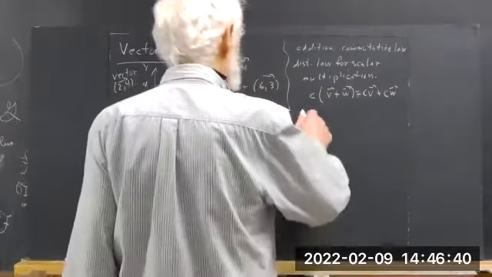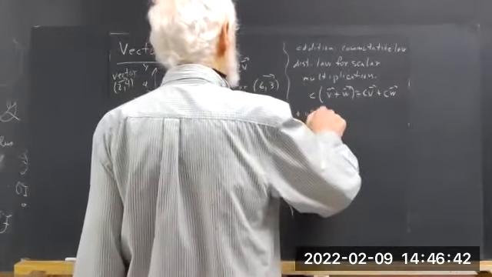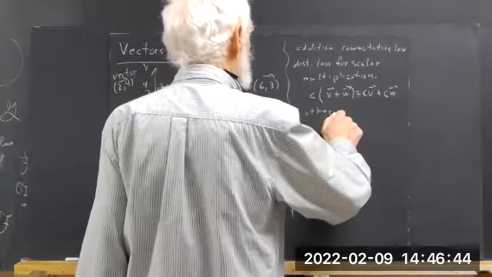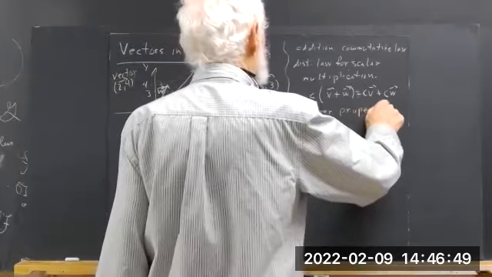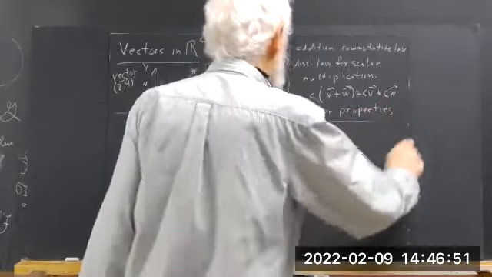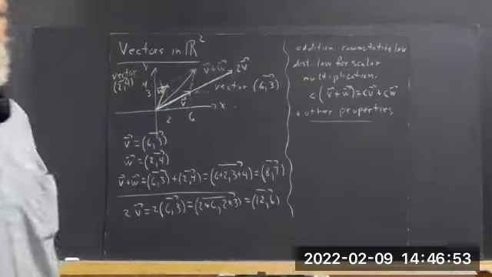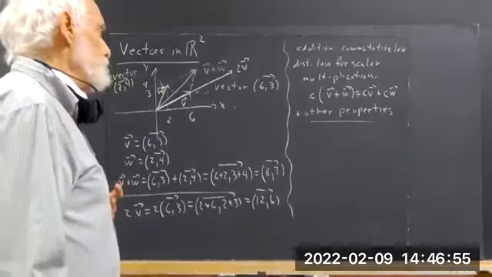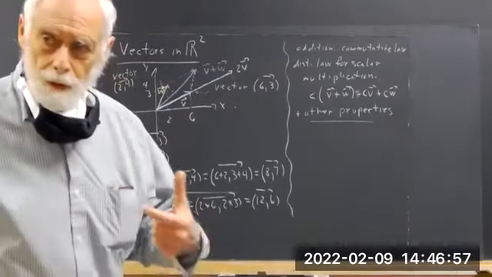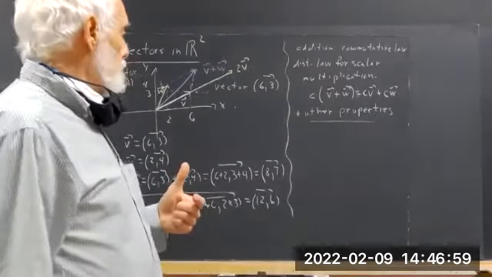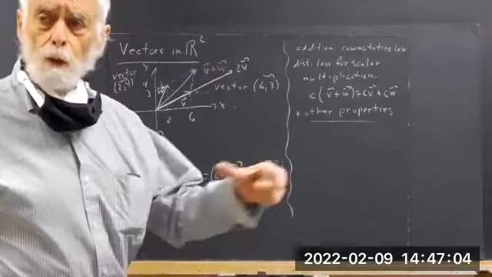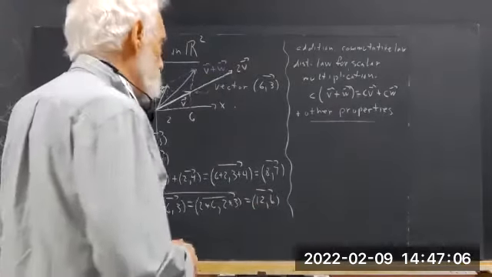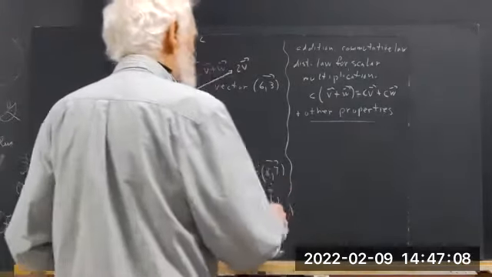And other properties, what it comes down to then is that vector addition has the same properties as just plain old addition. Okay. Now, one important property is the identity.